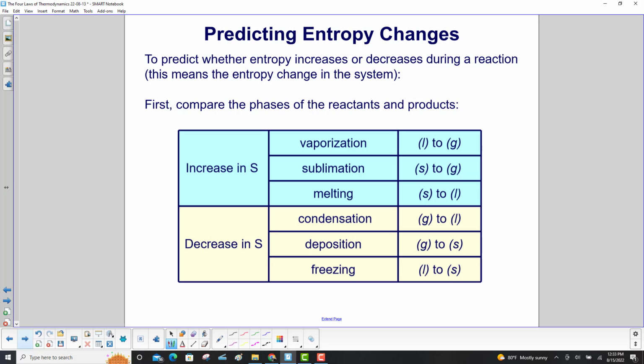So we will have an increase in entropy during vaporization, when you go from a liquid to a gas, during sublimation, a solid to a gas, or melting, solid to liquid, all increases in entropy. A decrease in entropy happens during condensation, where you go from a gas to a liquid, deposition, gas to a solid, or freezing, liquid to a solid.